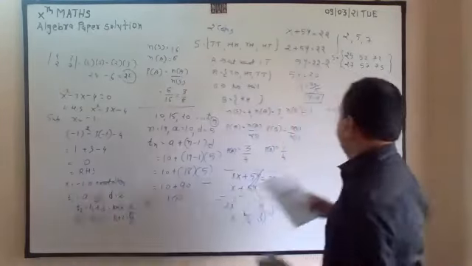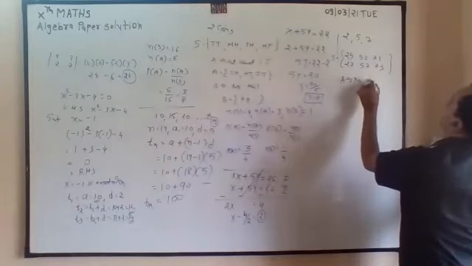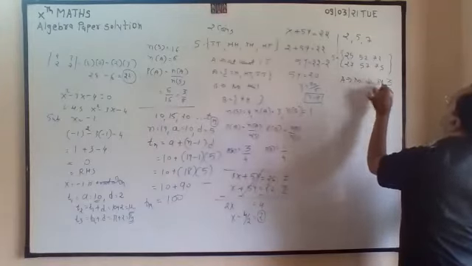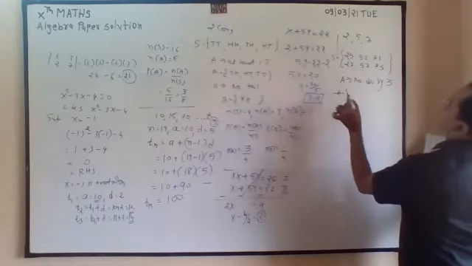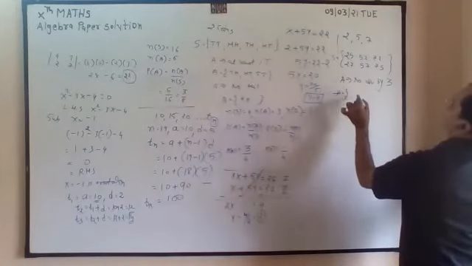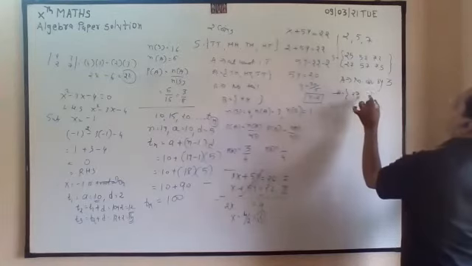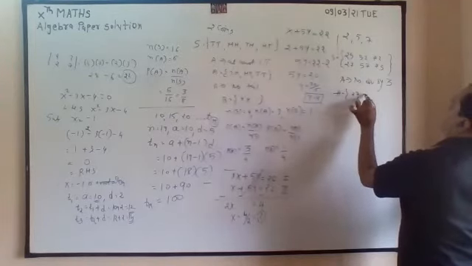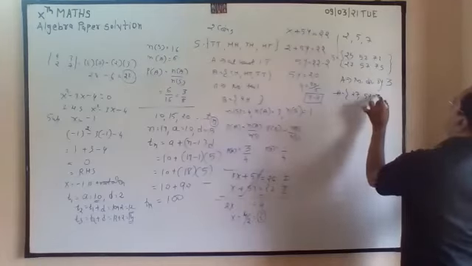Numbers divisible by 3: 27, because the total is 9. 57, because 12, and 12 means divisible by 3. 72, 75.